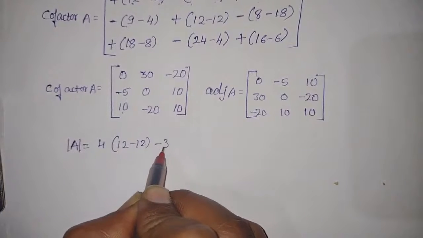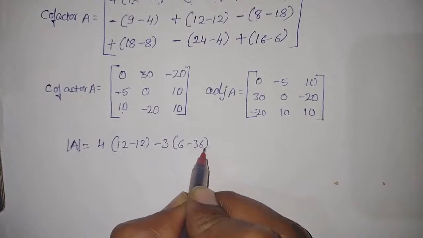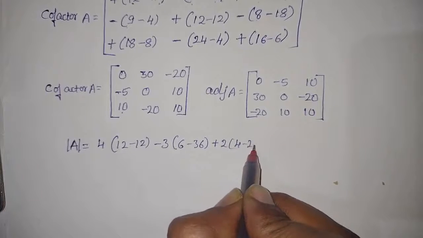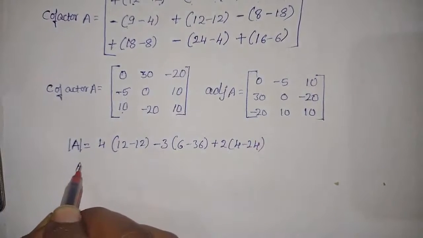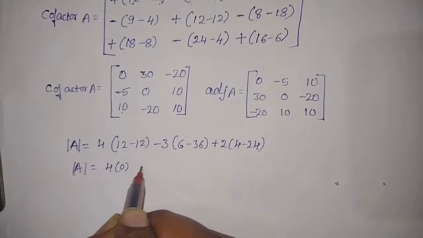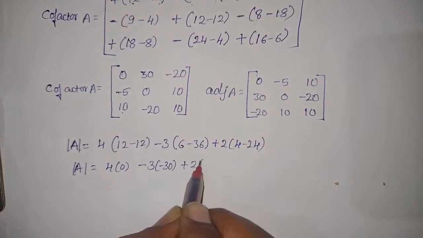Next, minus 3 into rows and columns will be cancelled, which means 6 minus 36 plus 2 into 4 minus 24. Then determinant of A is equal to 4 into 0 minus 3 into minus 30 plus 2 into minus 20.